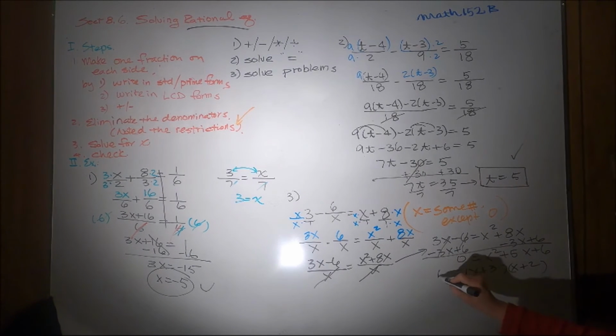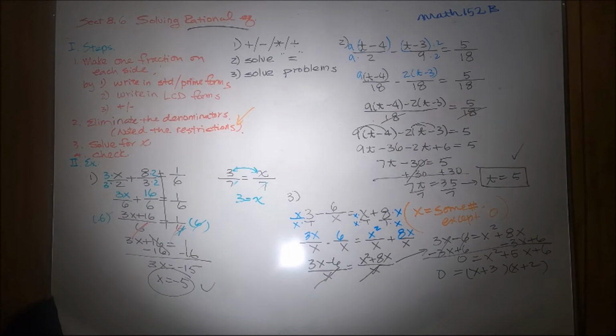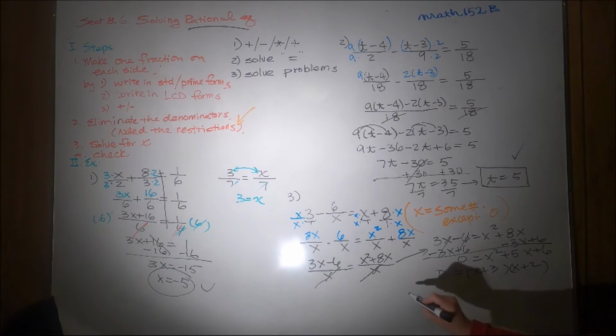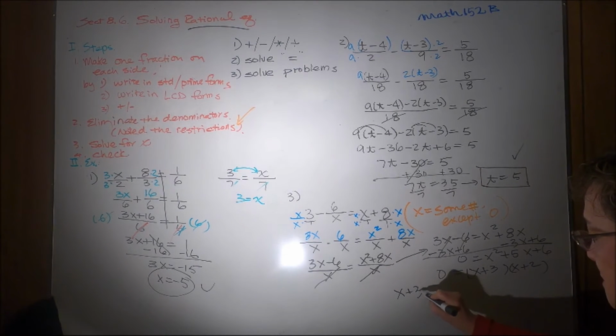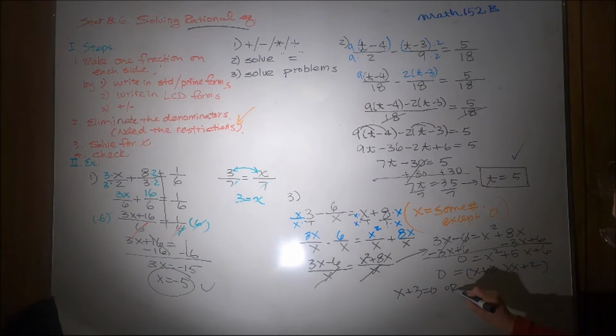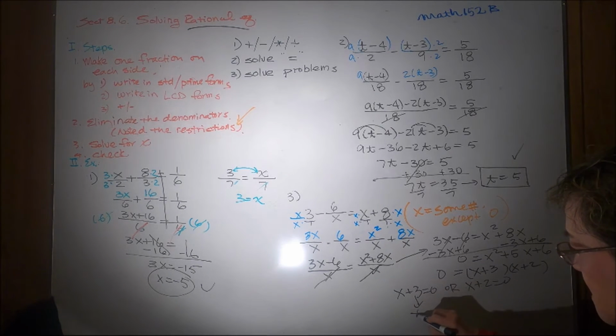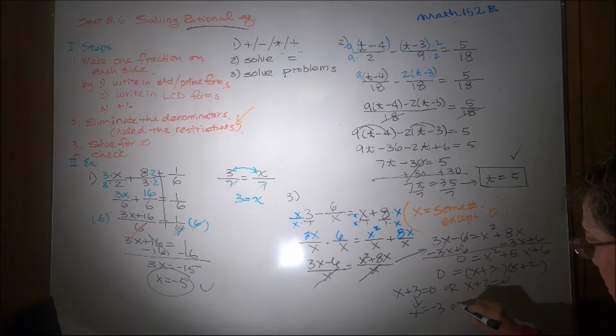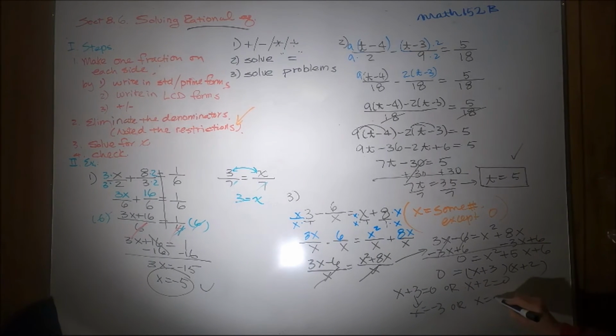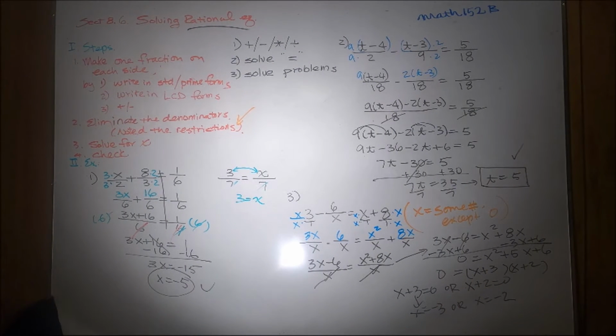Is that right? Then we solve it, so we have x plus 3 equals 0, or x plus 2 equals 0. So x is negative 3, or x is negative 2, right?